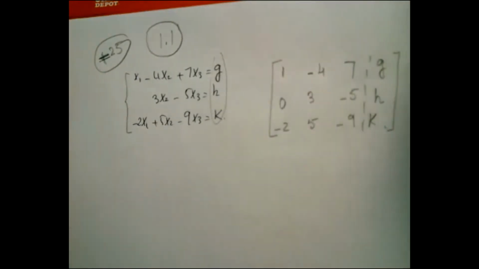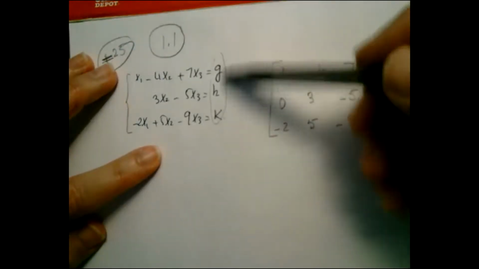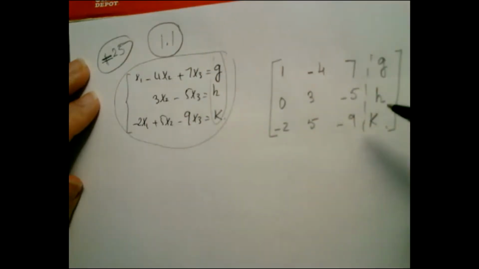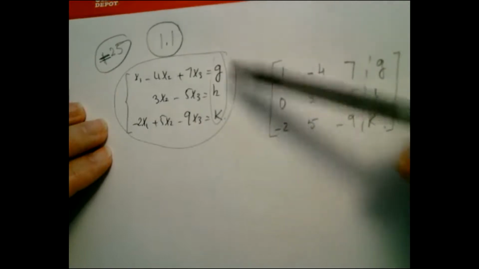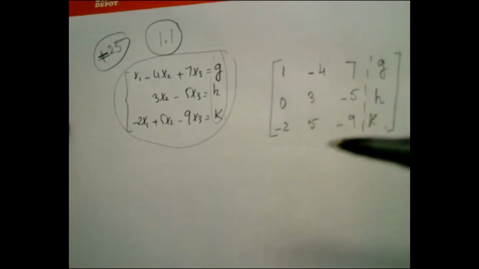They didn't give them to you. But the question is, what condition should those parameters satisfy? What equation should relate them so that this system will be consistent? In other words, for some values the system will be inconsistent, and for some it will be consistent. And the question is, which one will give me inconsistency?